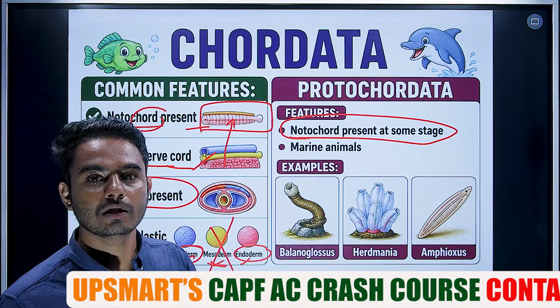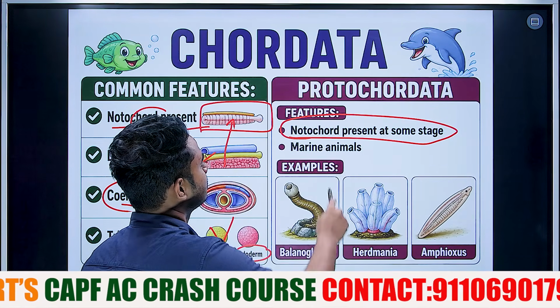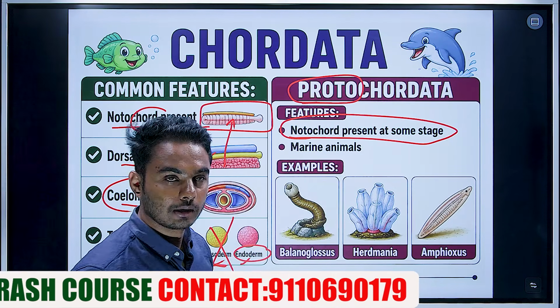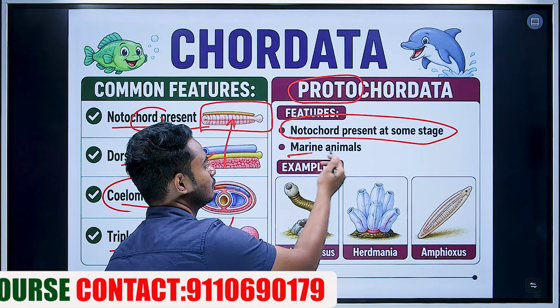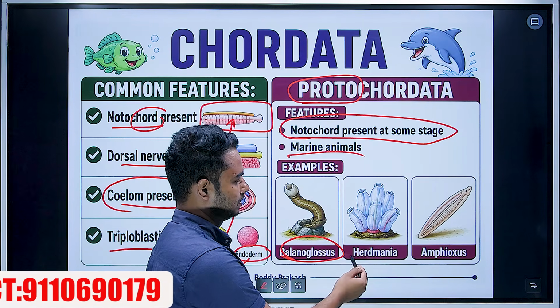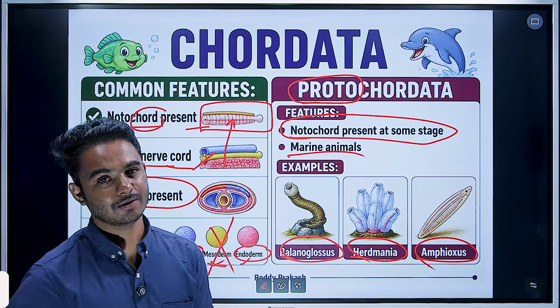Then those are called protochordata. Fine. Those are usually marine animals. Examples are important. Balanoglossus, Herdmania, Amphioxus. Can't help with the names.